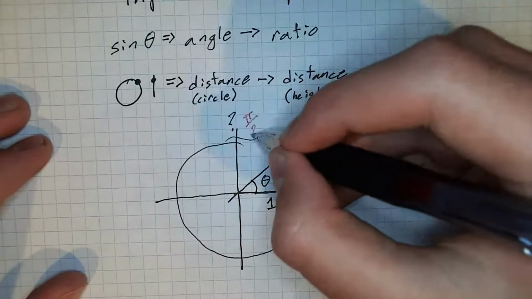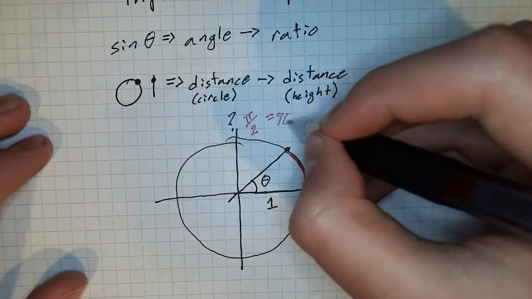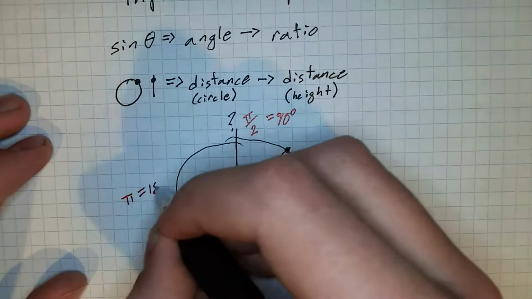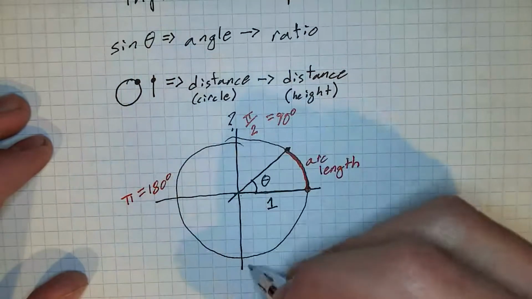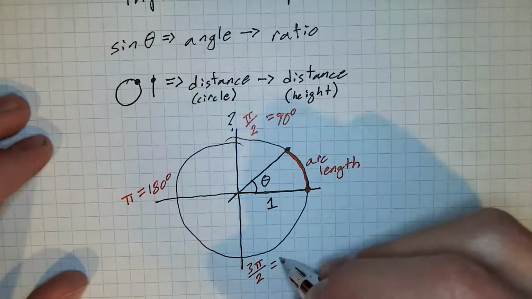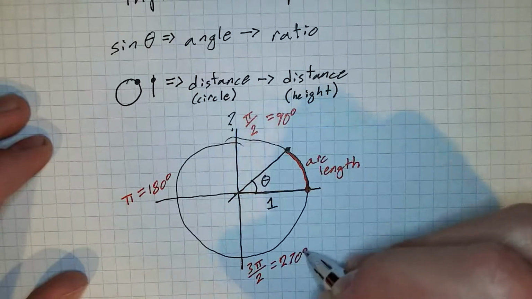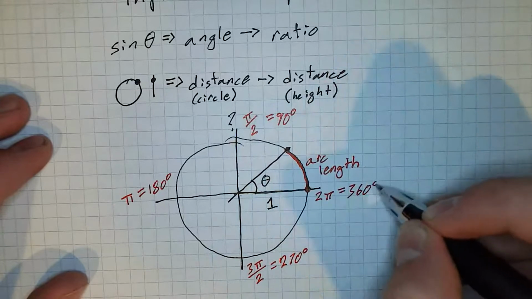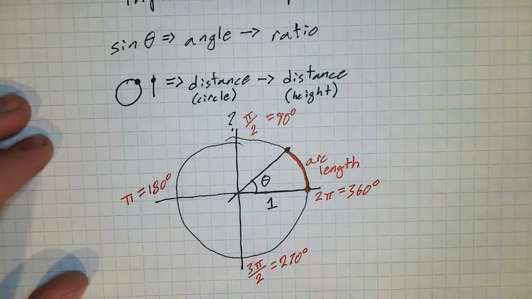If we take this different representation, then pi over 2 is now 90 degrees, and pi is equal to 180 degrees, and 3 pi over 2 is 270 degrees, and 2 pi is 360 degrees because of all the different representations of ratios of the circumference of a unit circle.